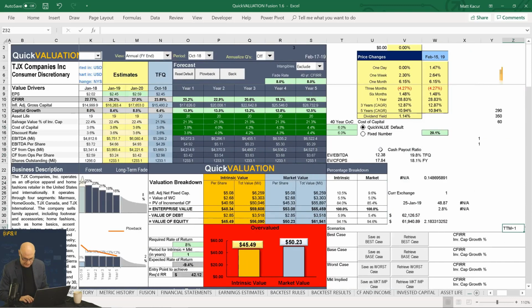Where it says, it's red right now, and it says quick valuation. Okay, so we really break down our valuation into 3 components. We say it's fixed capital, which in this case is worth $6.2 billion, or $5 a share. Then it's worth its working capital, which is just cash basically, another $2.68, or $3.3 billion.